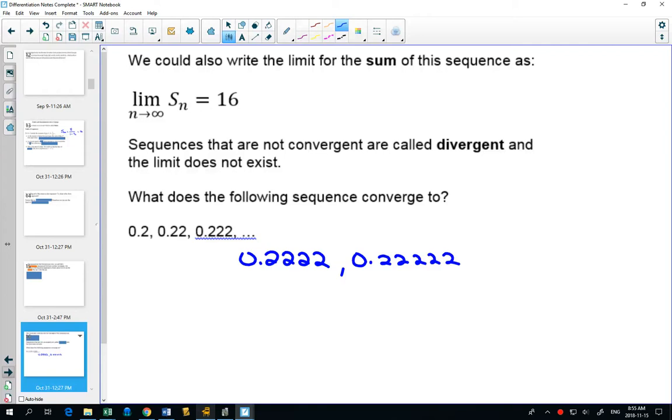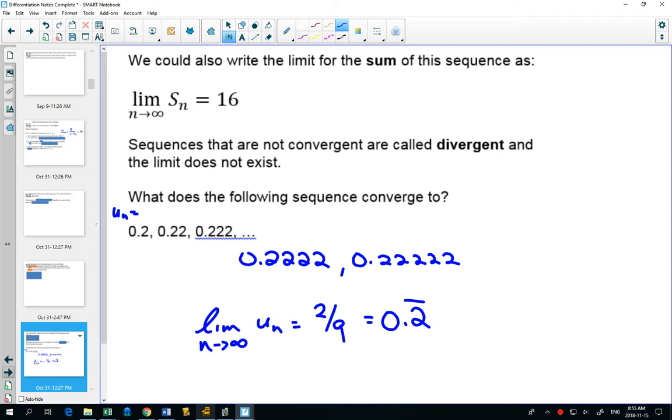If we call this sequence un equals u1, u2, u3, the limit as n goes to infinity for un would be 2 over 9. And how did you get 2 over 9? What's another way of writing 2 over 9? 0.2 repeated.